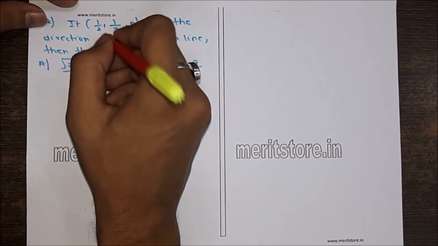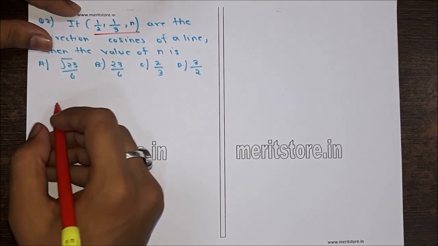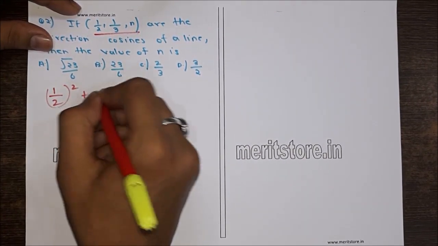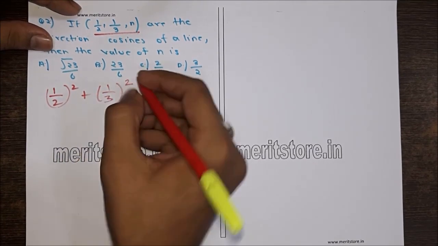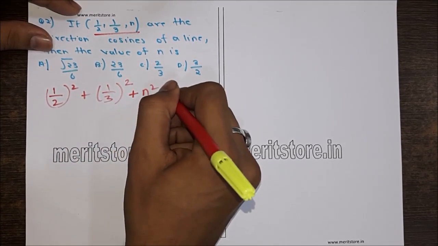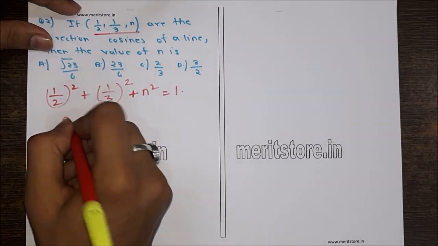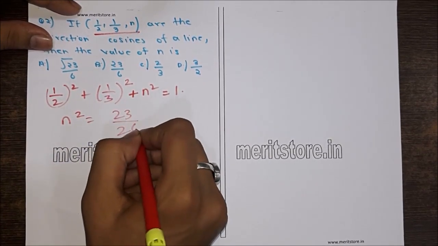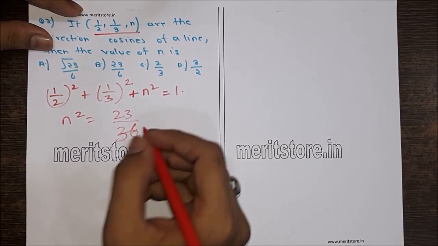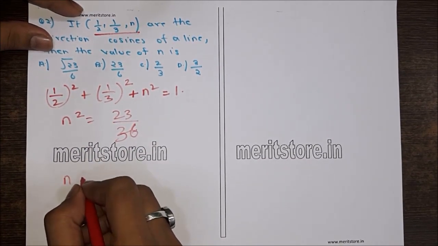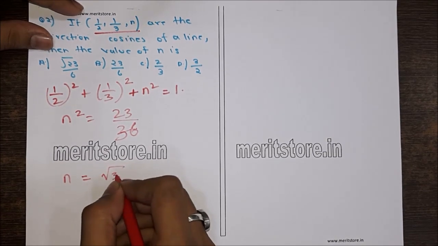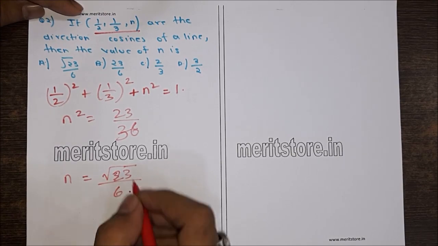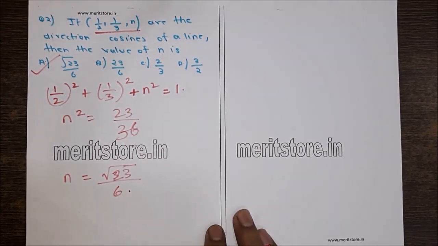We know that these are the direction cosines, so 1 by 2 the whole square plus 1 by 3 the whole square plus n square is equal to 1. Simplifying, we get n square is equal to 23 by 36. Taking square root on both sides, we get the value of n as root 23 by 6. So the correct answer is option A.